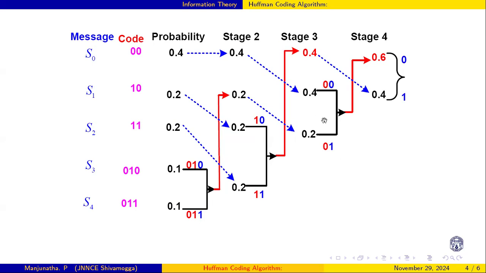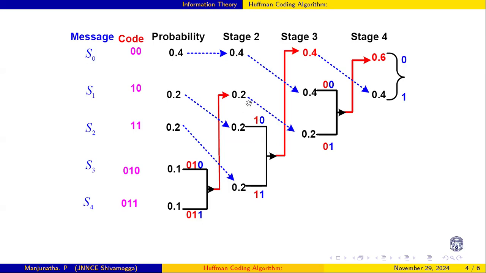Then this 0.4 comes from adding these two probabilities 0.2, 0.2. Where does it go? It is a 1 here, and already it has a 0 and 1. This 1 comes here, so append this 1 to get 1, 1.